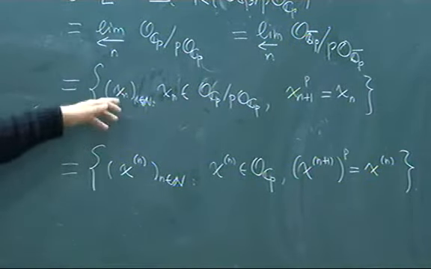And there's a bijection. How do we make this bijection? From here to here, you just take modulo p, and you get this. But how do you get this x_n? Is this x_n canonical? So x_n is actually this: you take the limit as k goes to infinity of x_{n+k}. You take a lift in O_{C_p}.